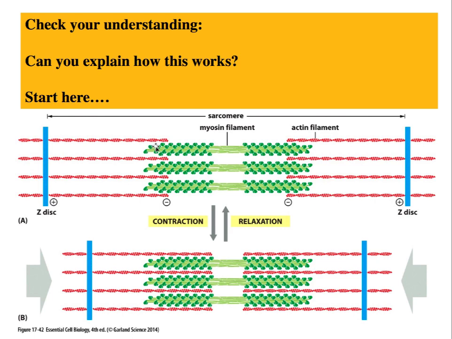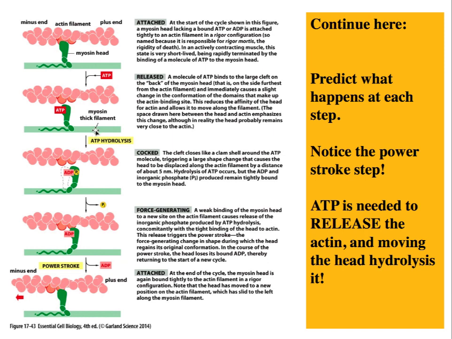So opposing muscles, for instance, your biceps and your triceps, will cause the relaxation of your biceps. At the working level, the interaction between the actin and the myosin is the result of a cyclic sequence of events mediated by the binding of ATP to the myosin hinge region, the head.